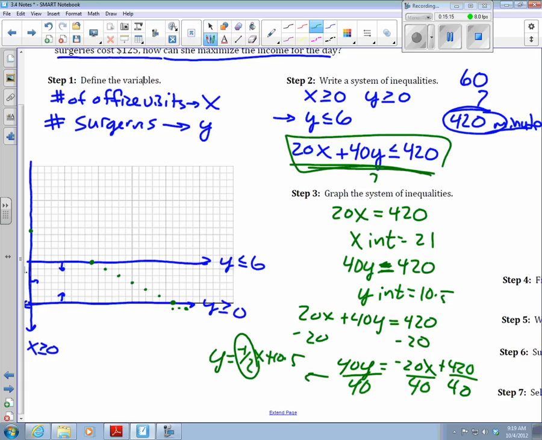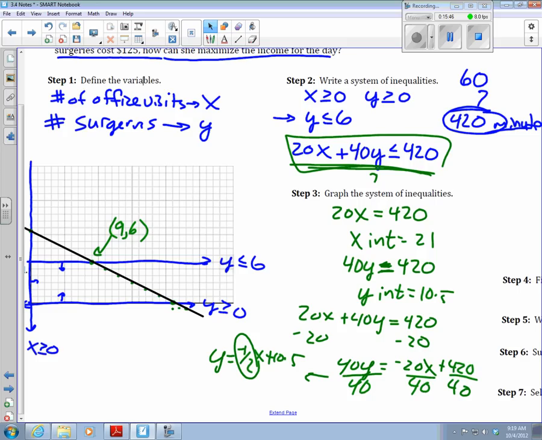I really want to find that vertex. That vertex right there looks like it's 9, 6. I'm going to draw a line through this. There it is.